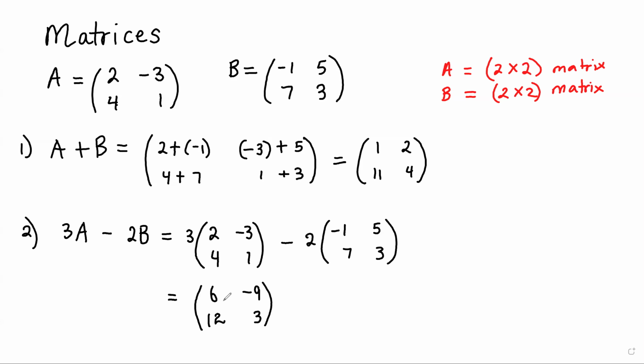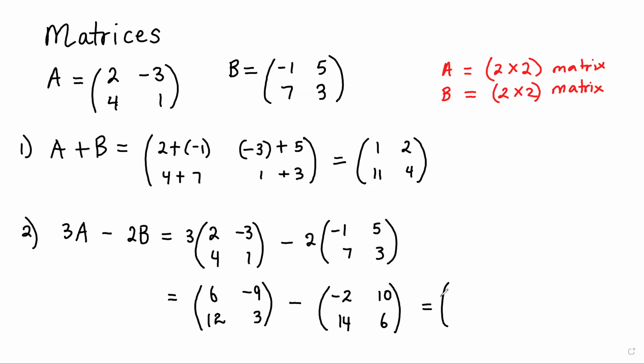So this matrix, 6, -9, 12, 3 is the 3A, and then 2B, well, you'll multiply 2 by every element inside of the matrix B. So 2 times -1 is -2, 2 times 5 is 10, 2 times 7 is 14, and then 2 times 3 is 6. And now you can work that out by just subtracting.